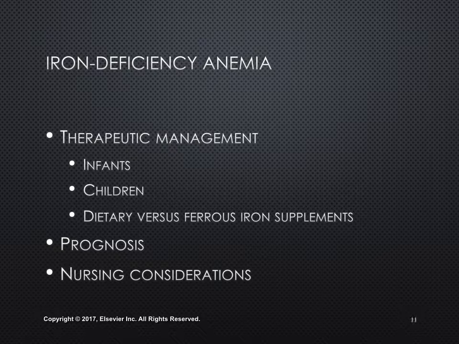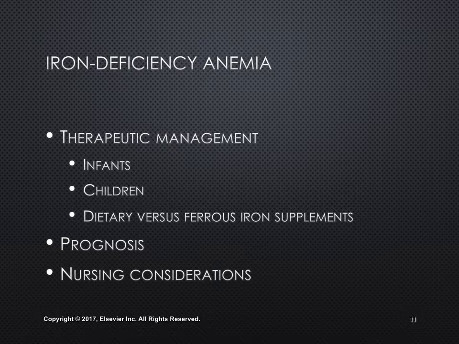Now, as far as dietary changes versus getting supplements, it's always better if we can give kids their vitamins through the food that they eat rather than having to give them supplements. The body tends to tolerate them much better. But if they are not receiving enough iron in their diet, then supplementation is the next best thing that we should do.